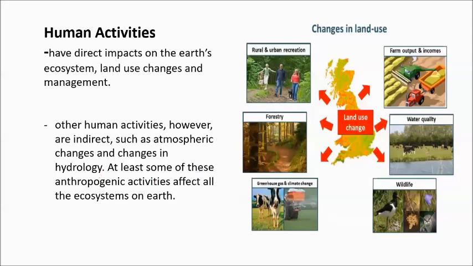At least some of these anthropogenic activities affect all the ecosystems on Earth. So the use of fossil fuels and the intensification and expansion of agriculture have altered the carbon, nitrogen, and sulfur cycles on a global scale.